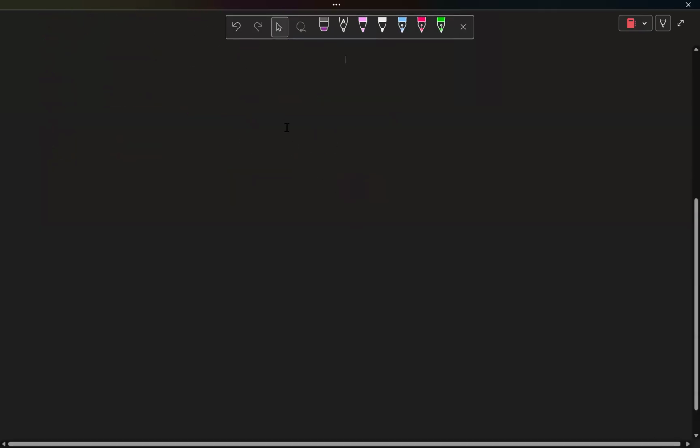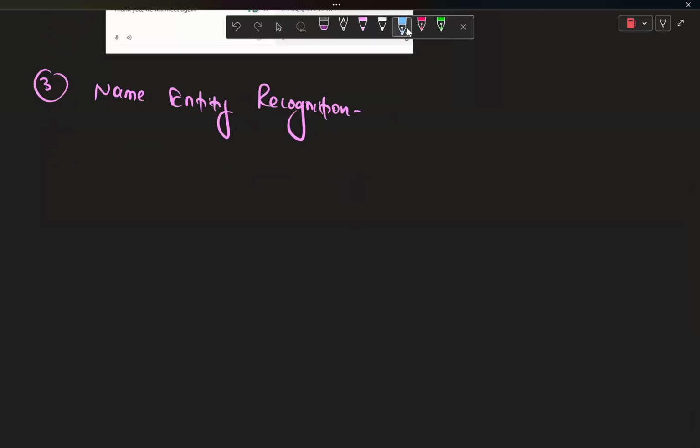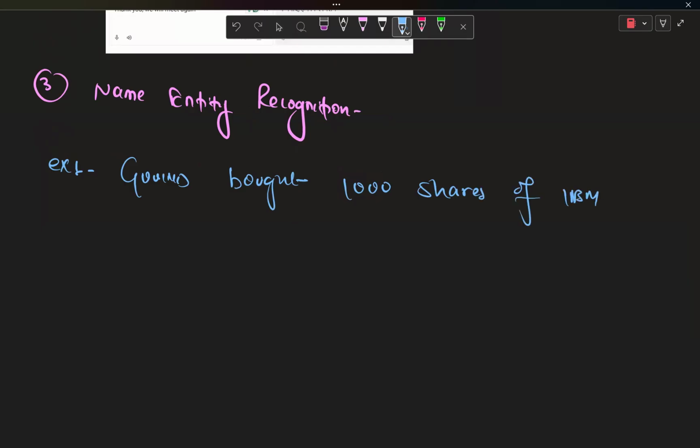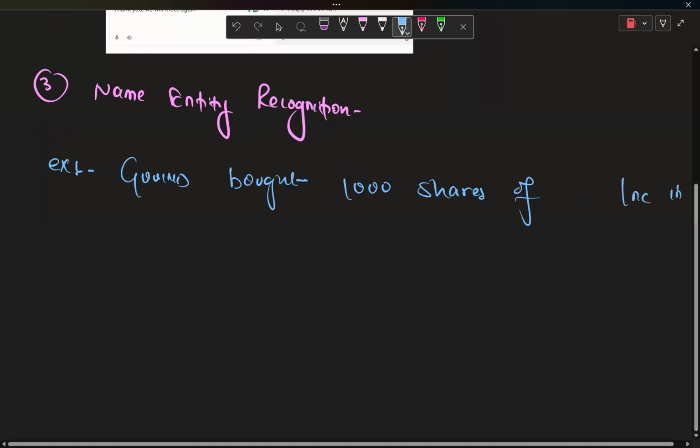If I take one example of named entity recognition, let's say Govind bought 1000 shares of IBM Inc. in March 2024. This is the company name.